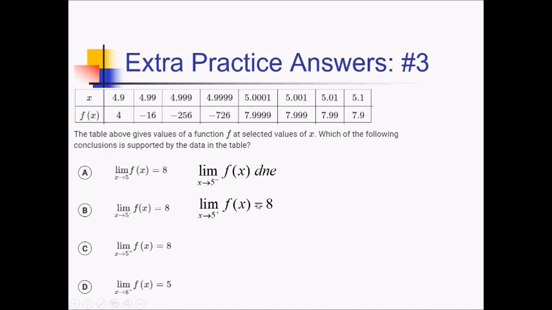And now the two-sided limit, which is also one of the answer choices, well, since one of the limits is DNE, the overall two-sided limit also does not exist. And then there's the other answer choice, choice D, talking about x approaching 8. Well, x is not approaching 8, at least in the values of this table. We don't know anything about 8, so D is definitely out of bounds. But looking at these answer choices, it's looking like answer choice C, right-sided limit approaching 8, matches what we concluded over here. So choice C.